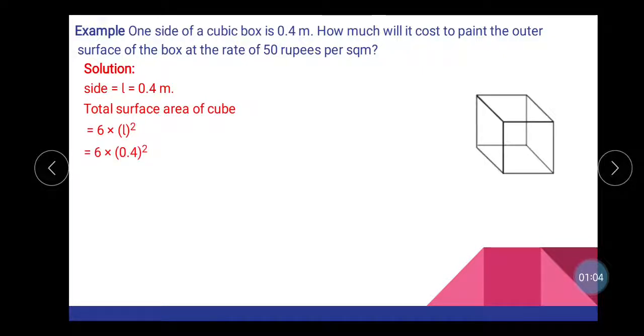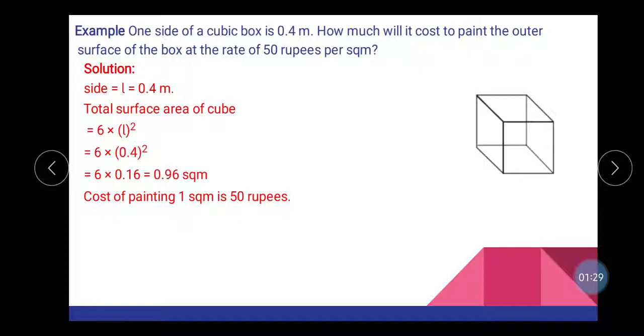So 6 into 0.4 the whole square. So 4 4s are 16 and a decimal point we need to put over here. So 6 into 0.16 we will multiply, we get 0.96 square meter. Therefore, total surface area of this cube box is 0.96 square meter.